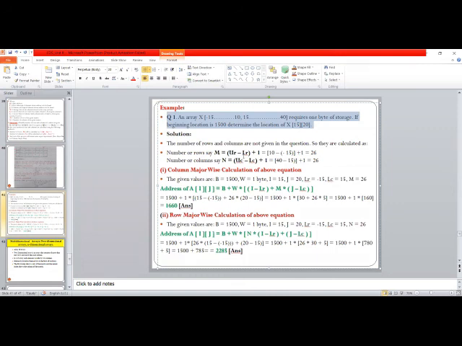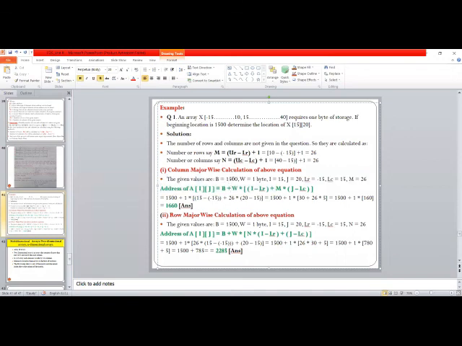Then the rest of the things they have already given. Width is 1 byte. Starting location, that is B, is 1500. And we have to find out X of 15, 20. So here all the values are now given.